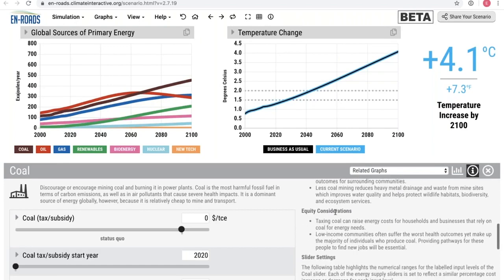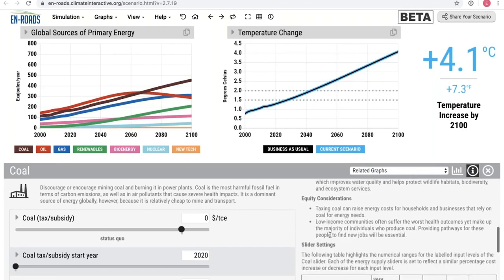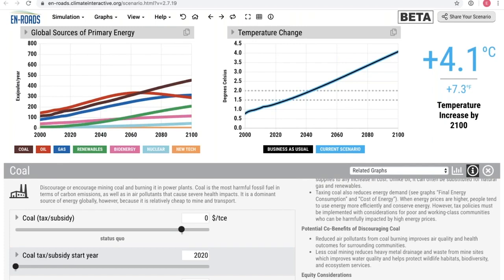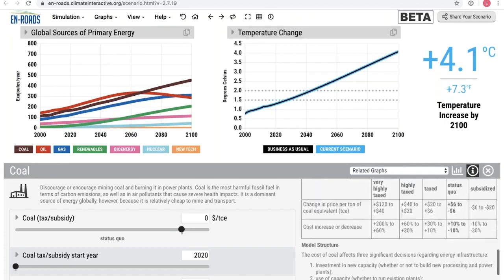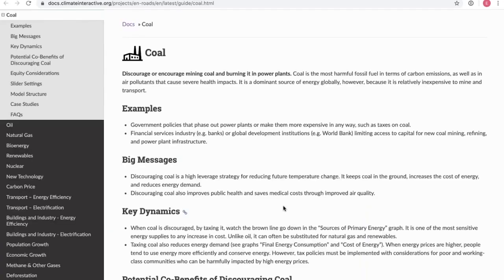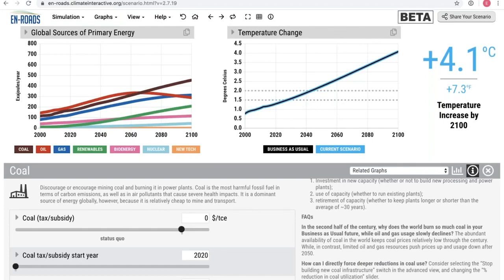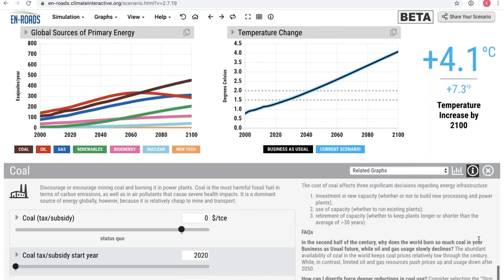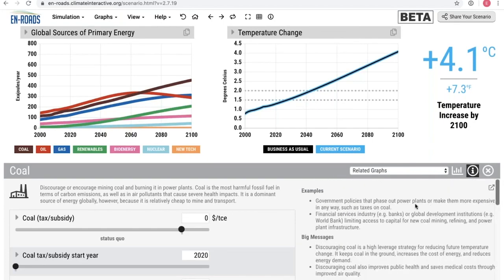Also, we're emphasizing different equity considerations, and soon we will be adding to this section some case studies, so individual studies that are out there that you can read about. Actually, let me just explain what I just did here. I clicked this little square with the arrow coming out of it that is here in the information box.